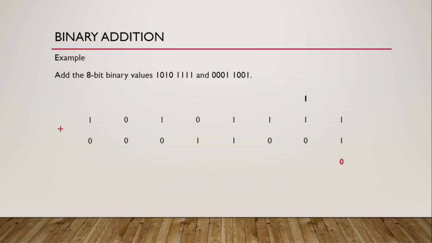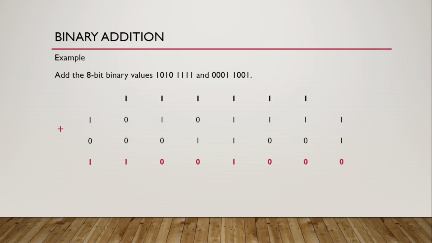We add 1 plus 1 again, which is 1 0, we write 0 carry 1. 1 plus 1 is 1 0, we write 0 carry 1. 1 plus 1 plus 1 is 1 1, we write 1 carry 1. 1 plus 1 is 1 0, we write 0 carry 1. 1 plus 1 again is 1 0, we write 0 carry 1. 1 plus 0 is 1, we write 1. And 1 plus 0 is 1, we write 1.